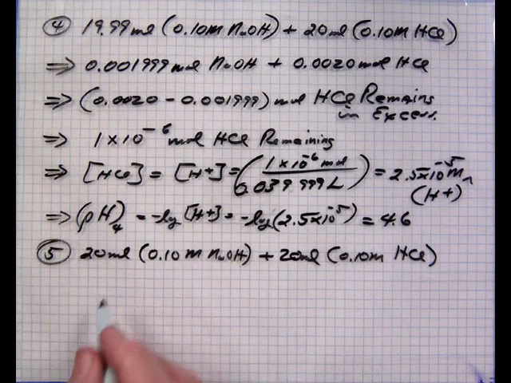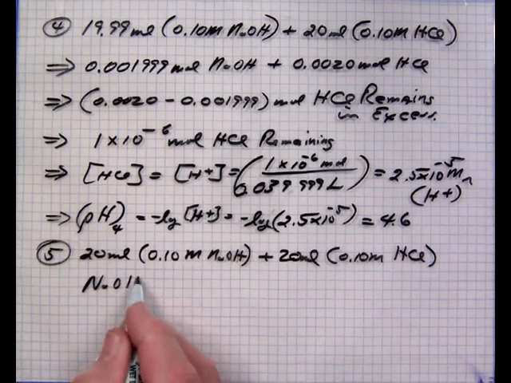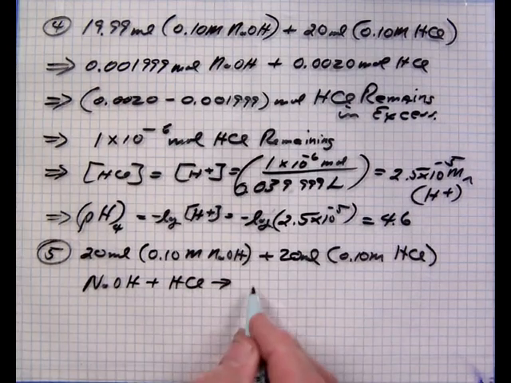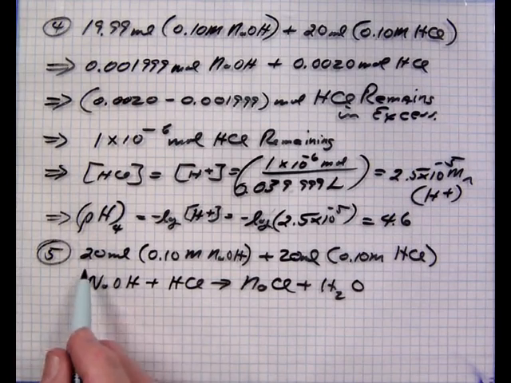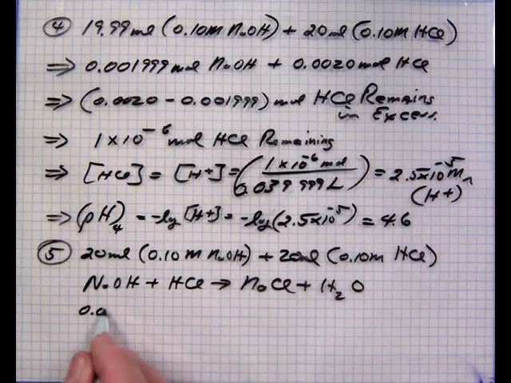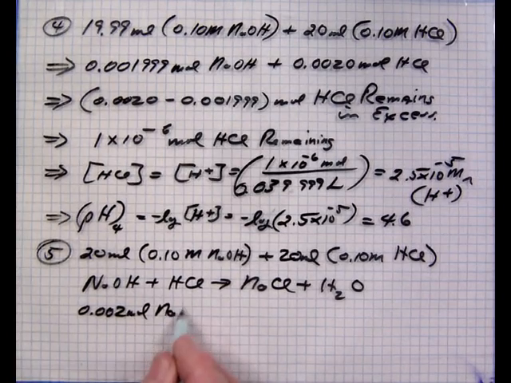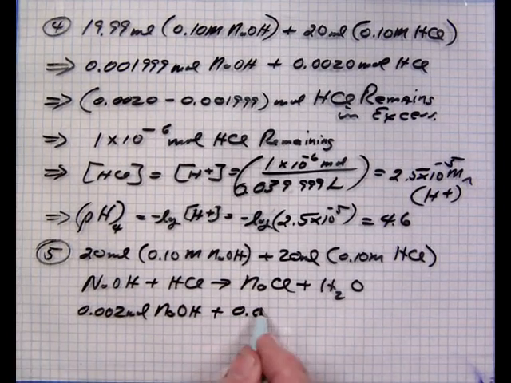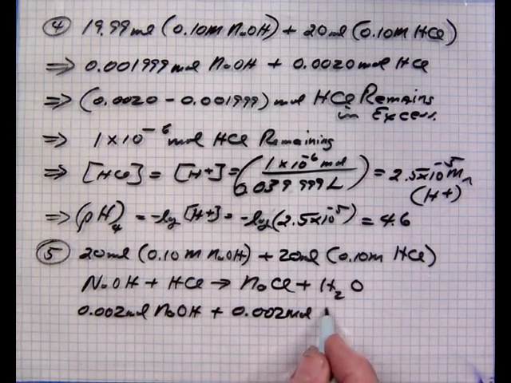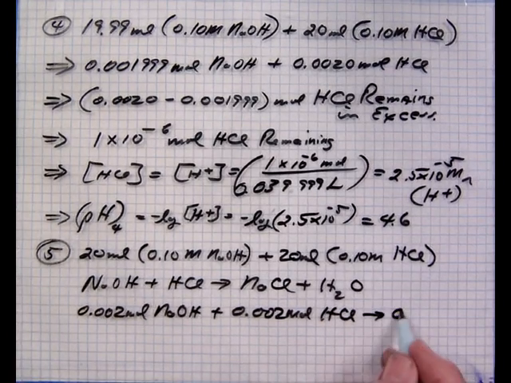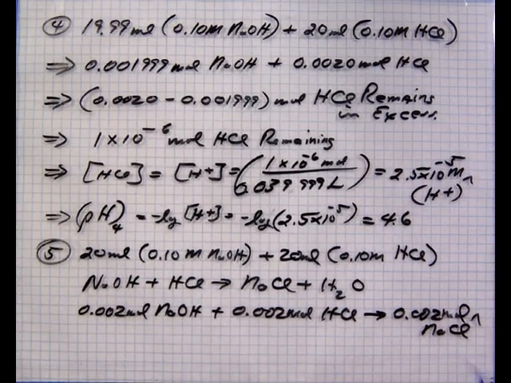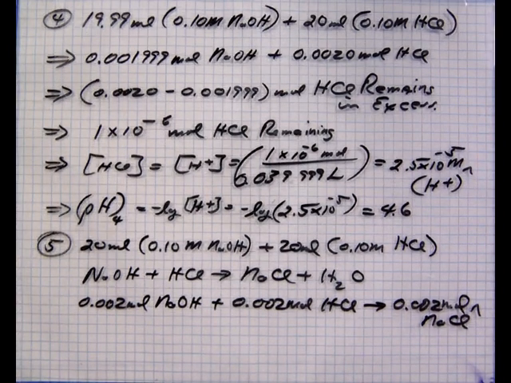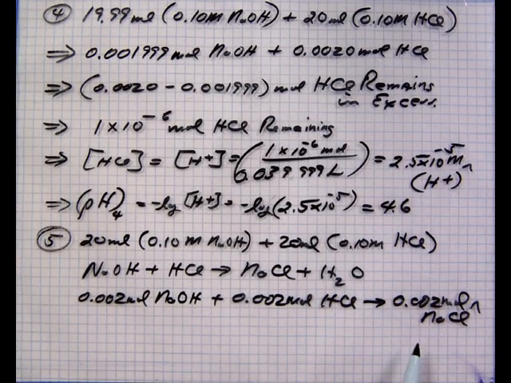Because the sodium hydroxide reacts 1-to-1 with HCl to give sodium chloride plus water, we find that 20 milliliters of 0.1 is 0.002 mole of sodium hydroxide reacting with 0.002 mole of hydrochloric acid to yield 0.002 mole of sodium chloride and water. And so this is what we would end up with at the equivalence point.